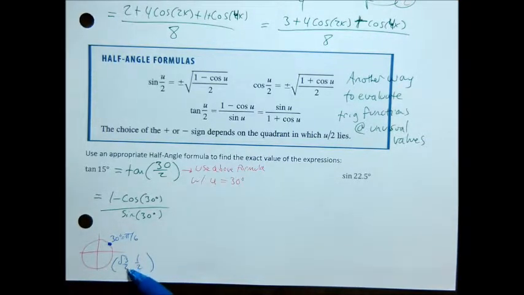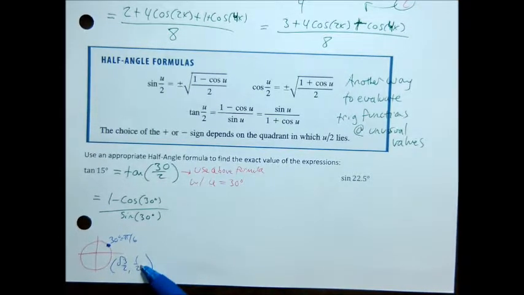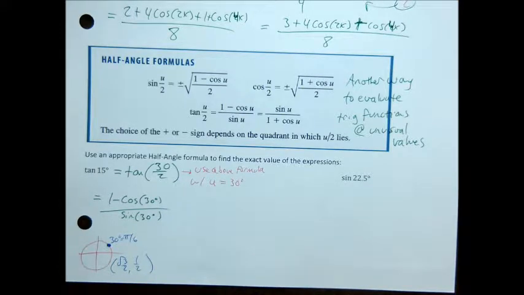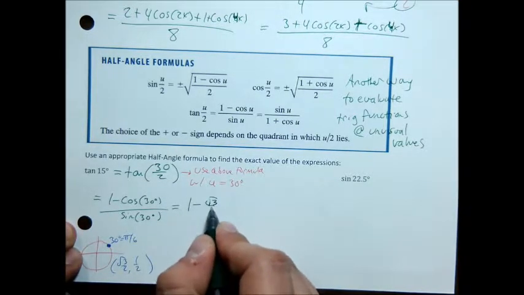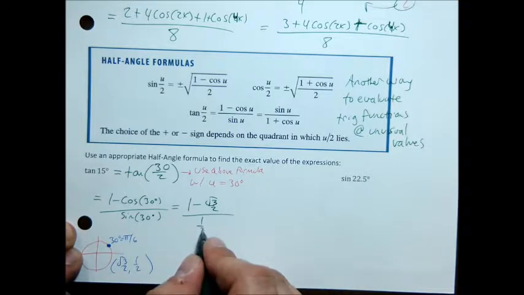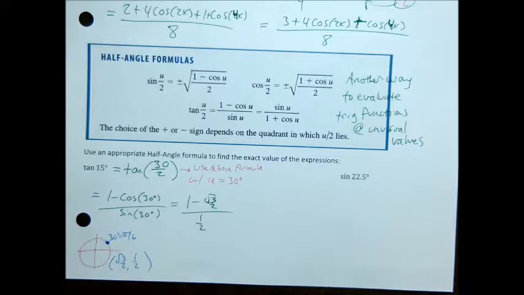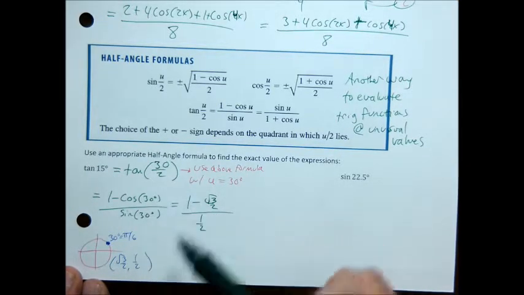So cosine is the x value, root 3 over 2, and sine is the y value, 1/2. And so those two values go into the equation for sine and cosine. Does that clarify things a little bit? So this then becomes 1 minus root 3 over 2 divided by 1/2. So instead of thinking about 15 degrees, we relate it to 30 degrees, and we use things we know about 30 degrees.